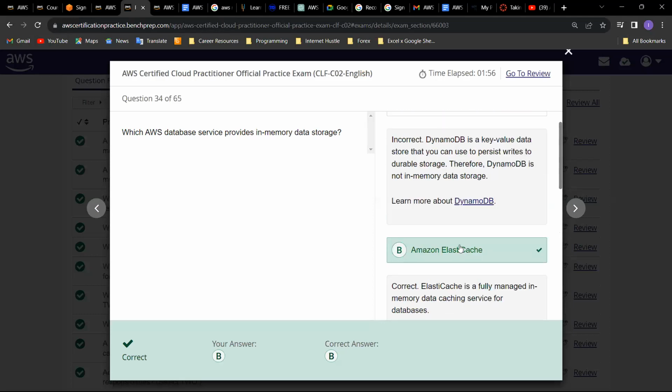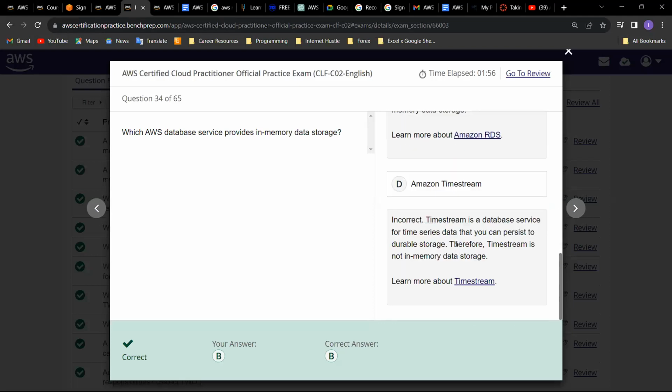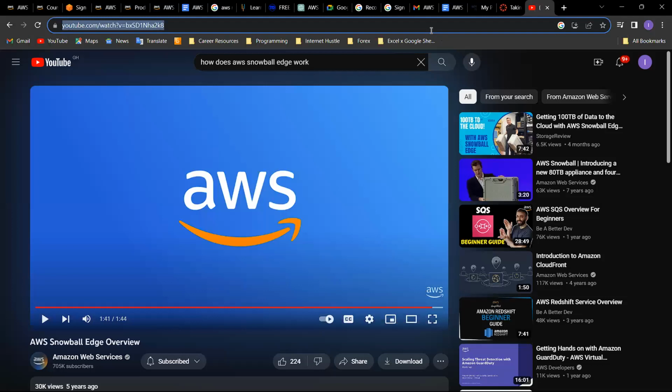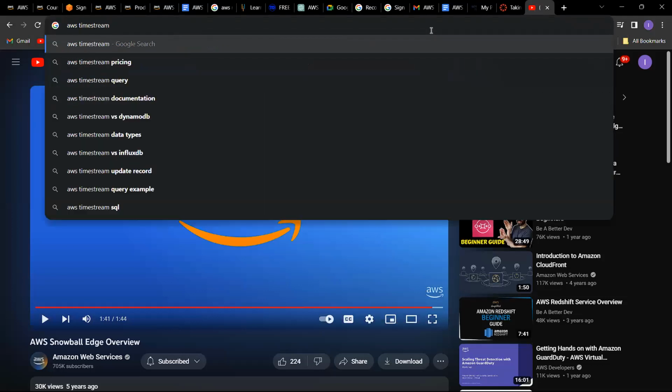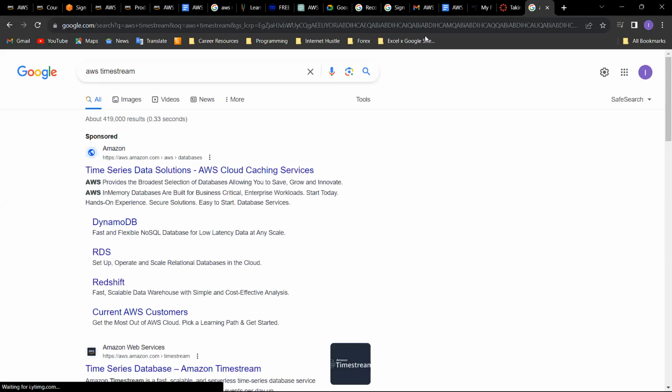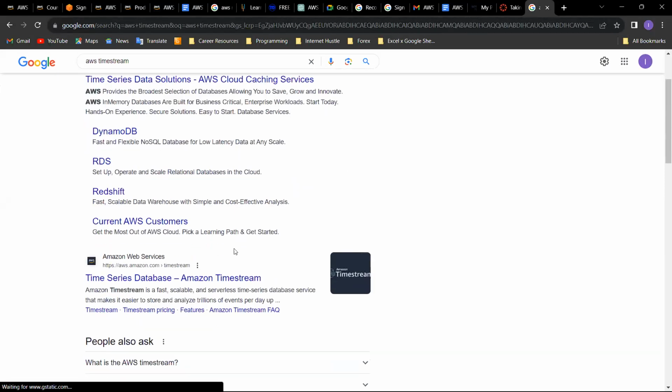I think we had the Timestream option. It's also a database service for time series data that you can persist to durable storage. Therefore, Timestream. Let me search on this one. Okay, so it's a time series database, Timestream.